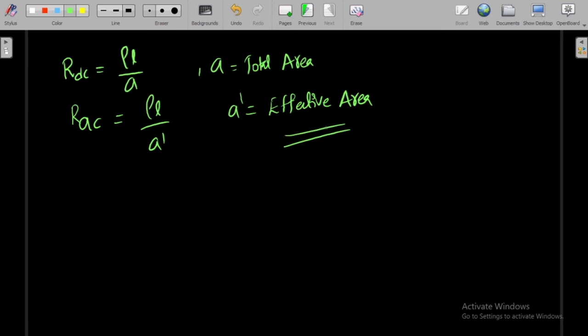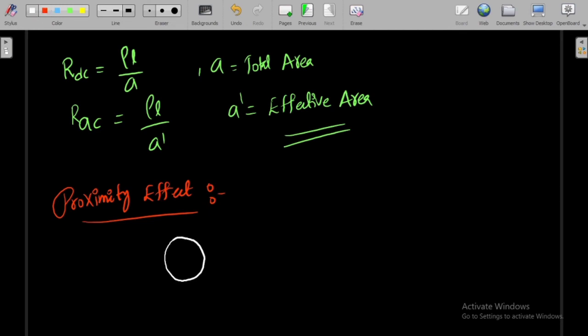Now we have one more effect, which is the proximity effect. Proximity effect is due to when two conductors are nearer to each other, you will have the flux linkage of one conductor linking the other conductor, right?